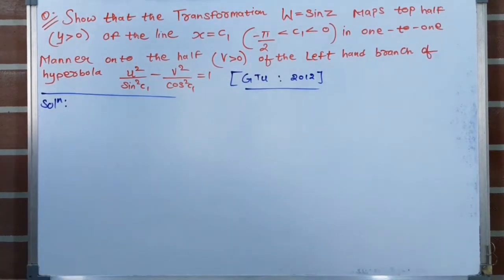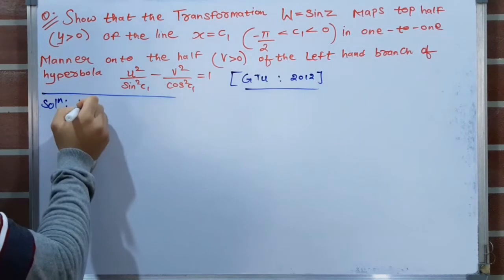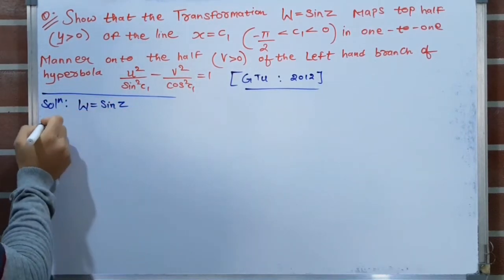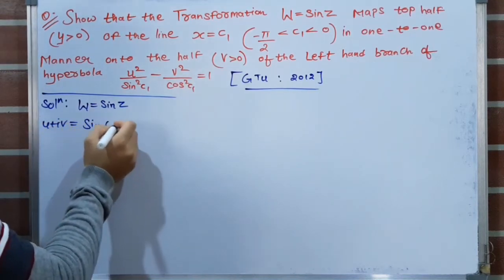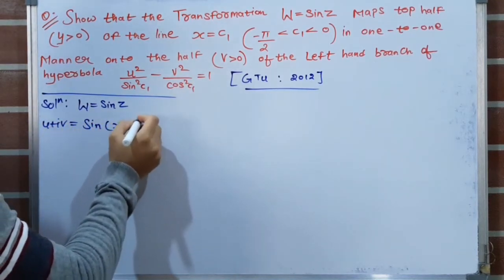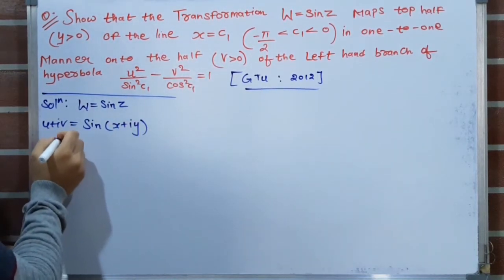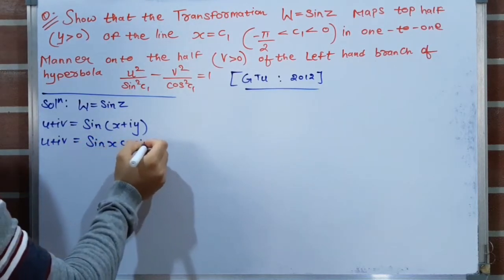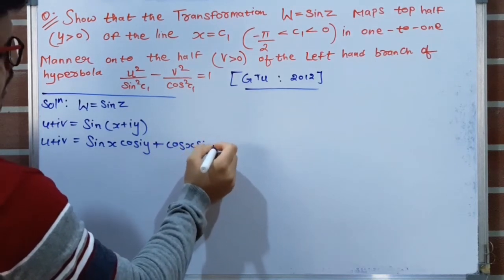The solution: here it is given that W equals sin Z mapping. So our first step: W is u plus iv, and Z is x plus iy. So u plus iv equals sin x into cos of iy plus cos x into sin of iy.